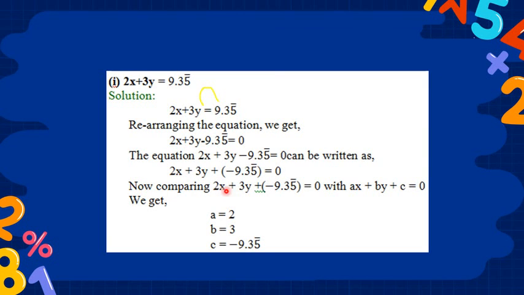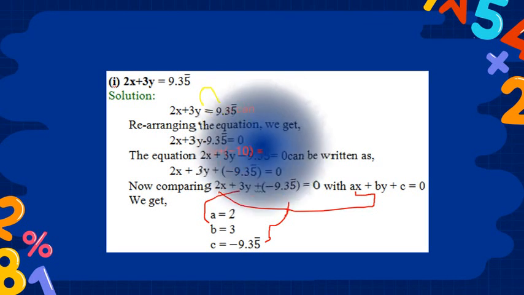Now comparing this equation to the standard equation, we can say that 2 is equal to a, 3 is equal to b, and finally minus 9.35 is equal to c. Understood? Moving to the next slide.